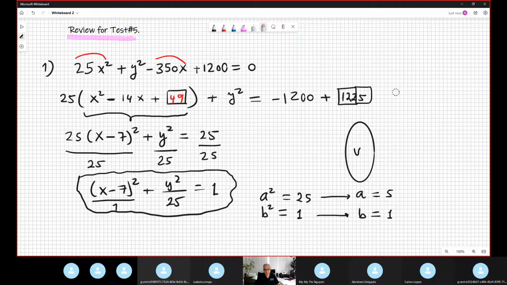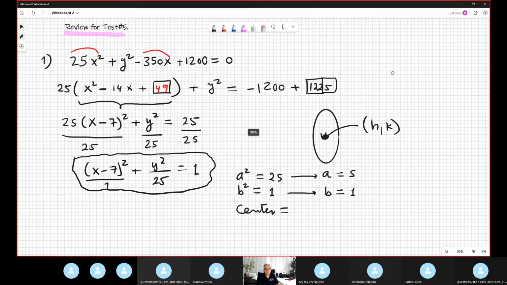Okay, now, the center of this ellipse is located where? At what point is the center? Guys, this is the review. I teach that part.